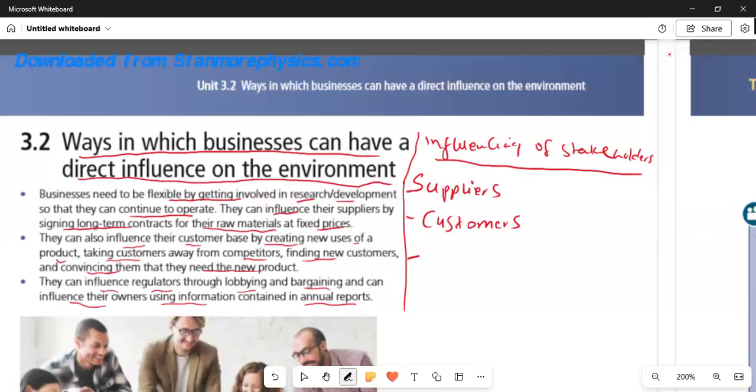Another stakeholder is regulators, through lobbying and bargaining. Also, we can talk about owners, by using information contained in the annual report. That is how the influence of stakeholders works.